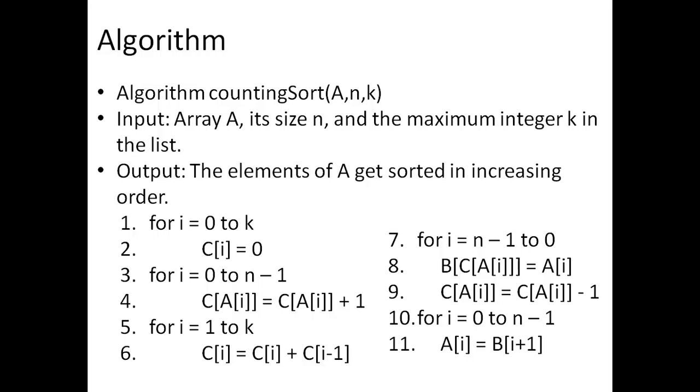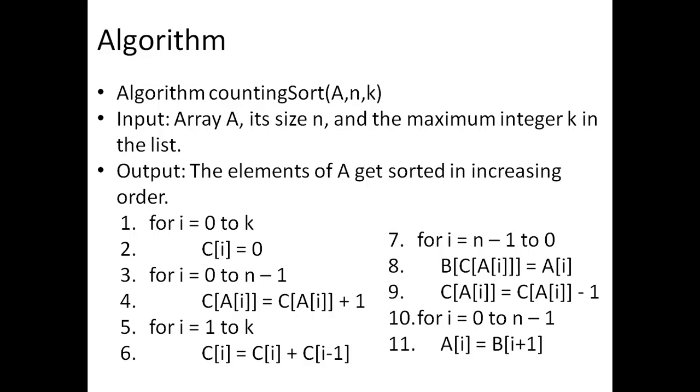Here we are talking about line 7, line 8 and line 9. Then the sorted sequence in the array B is copied back to the original array A using line 10 and line 11 of the code.